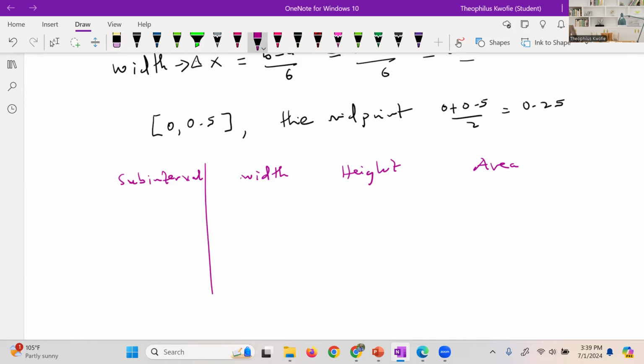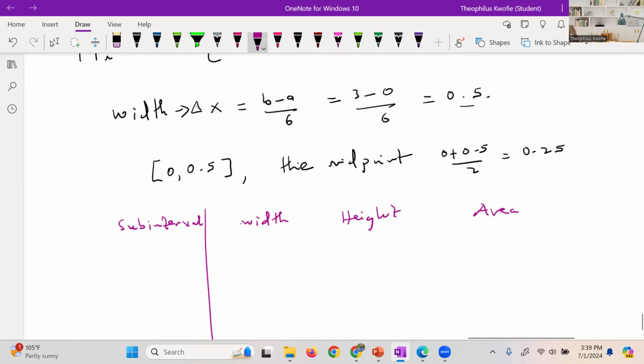The first sub-interval will be from 0 to 0.5.